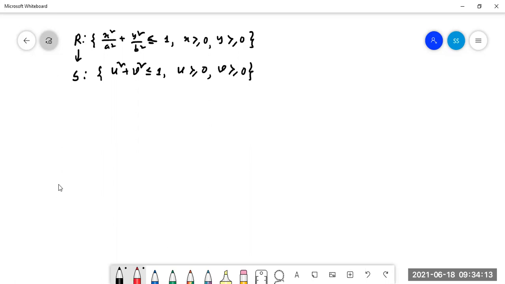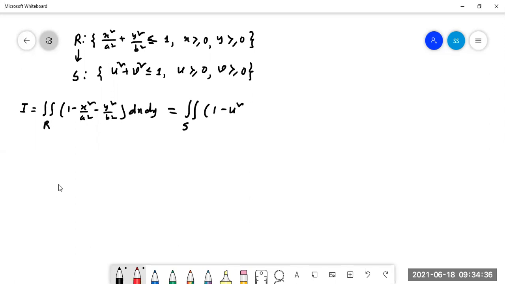So the previous integration I was given by the double integration over R of 1 minus x square by a square minus y square by b square into dx dy. So it is changed into the region S, 1 minus u square minus v square du dv, is it clear, into the mod of Jacobian of x comma y by u comma v.